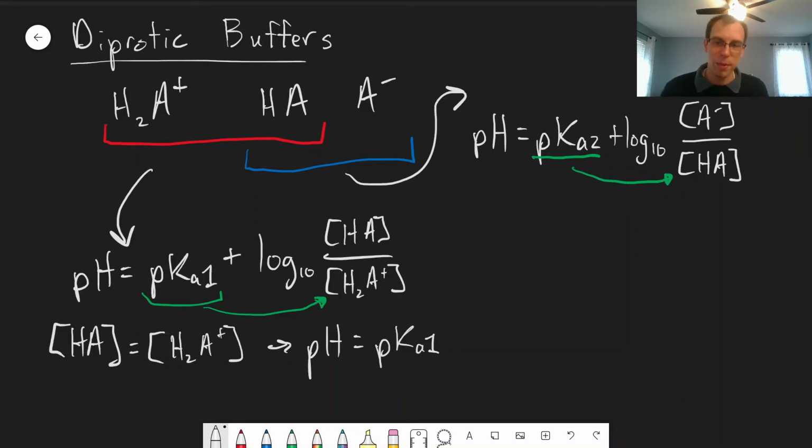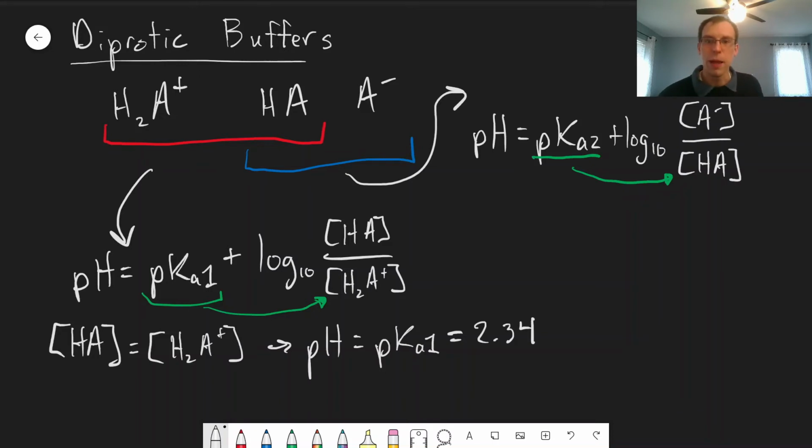So if we're dealing with these diprotic buffer systems, which species are present depends on what pH range we want to look at. For this particular system, coming back to the pKa values, pKa1 is 2.34.